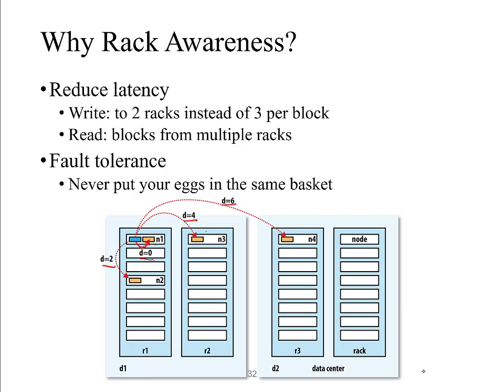So putting them in 2 different racks is safer, and we don't have to worry about the data even if an entire rack fails, for example because of a power failure, because we would still have one replica stored in a different rack.